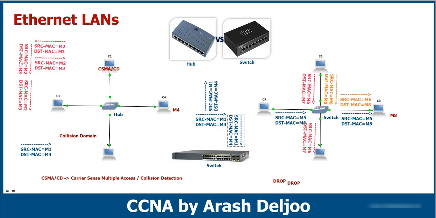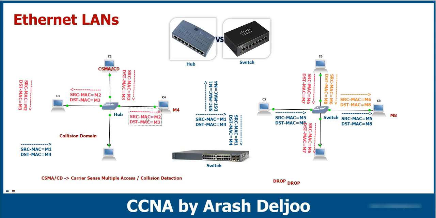After that C2 can send the traffic. When the traffic of C2 is sent, the hub again should repeat the traffic. Other computers are now detecting this traffic, and because they are also using the carrier sense multiple access rule, they shouldn't send traffic. This is the first rule of carrier sense multiple access.